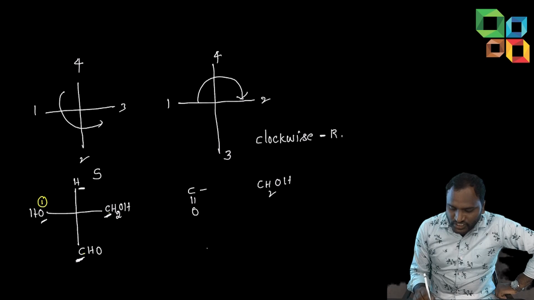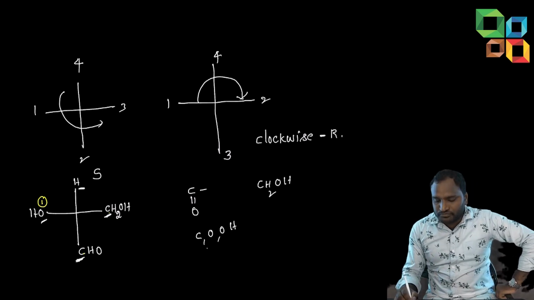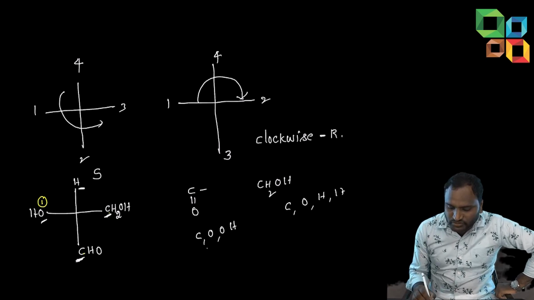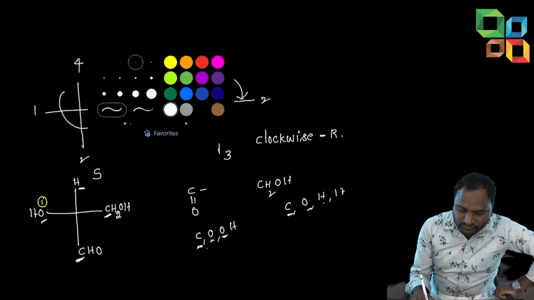I told you, C double bond O means you have to write two oxygens. Double bond O means 2 oxygens for CHO. CH2OH has O, H, H. Which will get first priority, students? C will get cancelled. O. Next one also has O here, and hydrogen here. So this will get second priority.